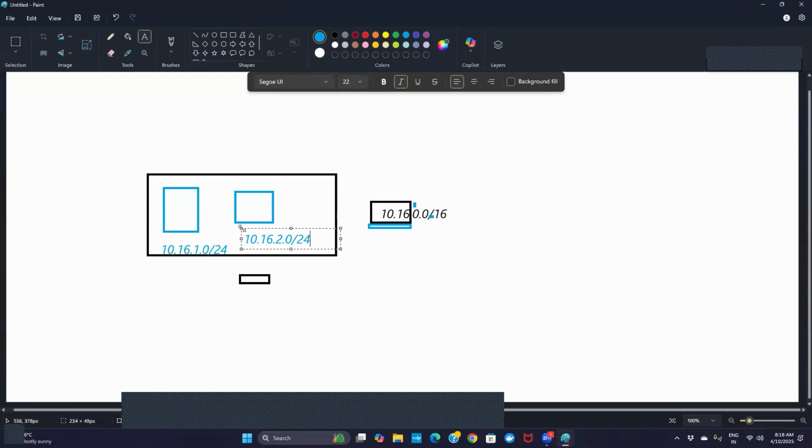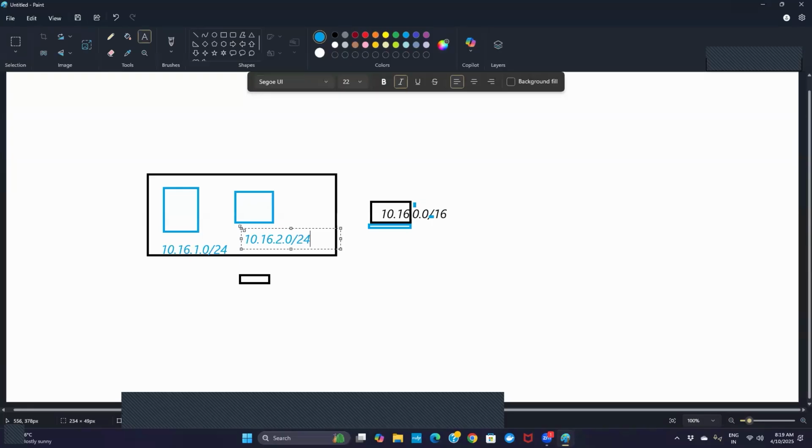Yesterday we tried to understand this: 2 power n minus 1. Those many IPs we can accommodate. That is what we discussed. Now tell me, how many IPs can we get in the /24?